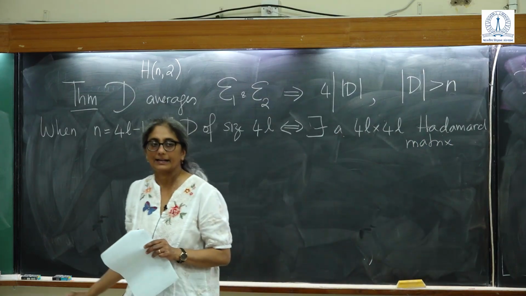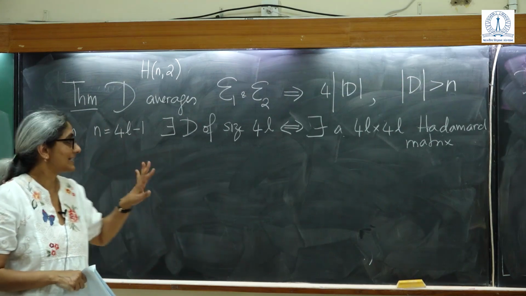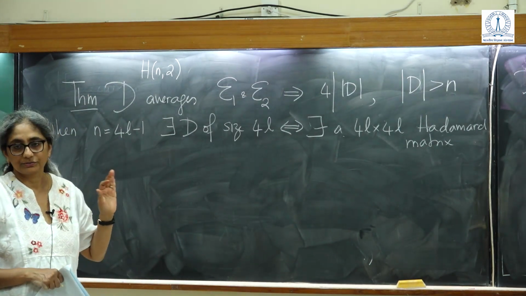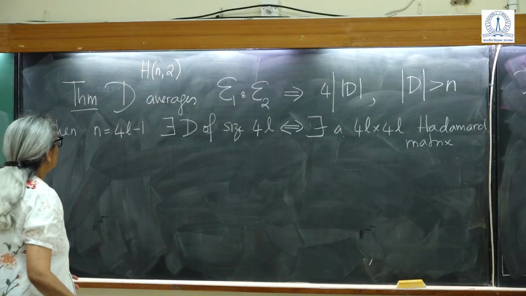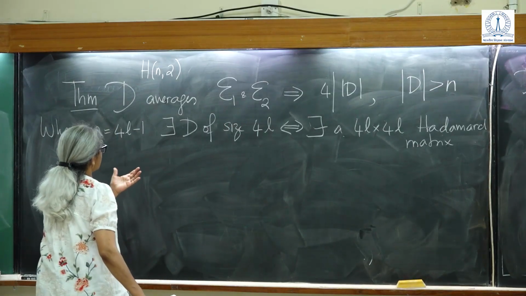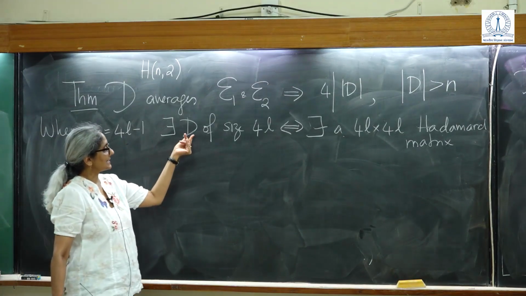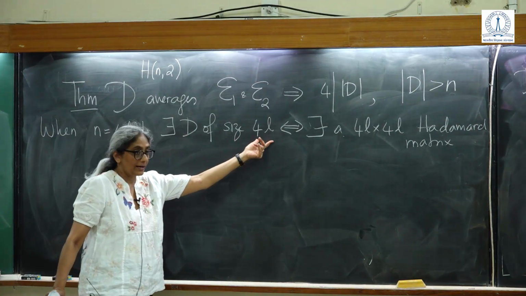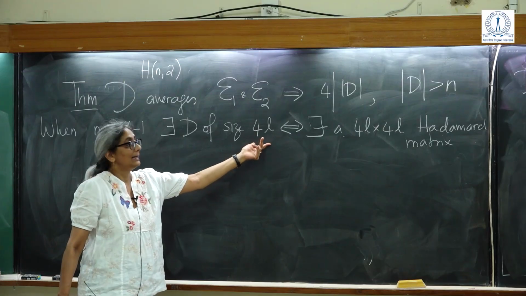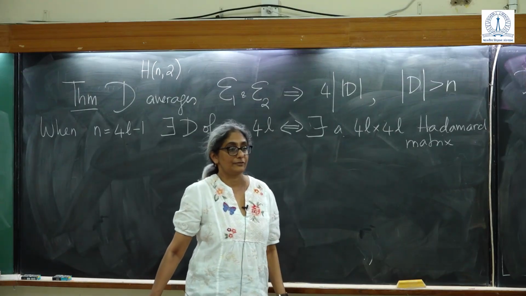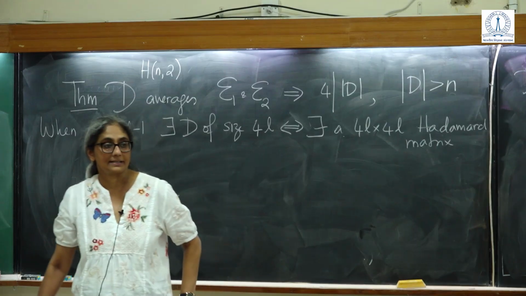Okay, that's the claim. We know there are designs that average E1 and E2. That's not a problem. The claim is about the size of such a design. If I take N to be 4L minus 1, then I'm saying there's a design of this particular size, 4L, if and only if you can construct a 4L by 4L Hadamard matrix.